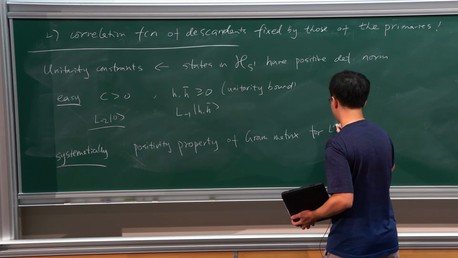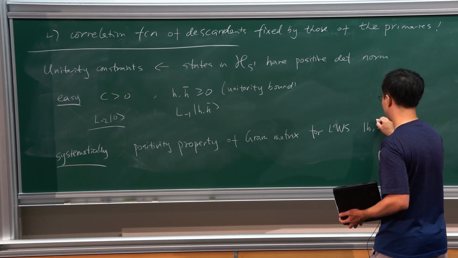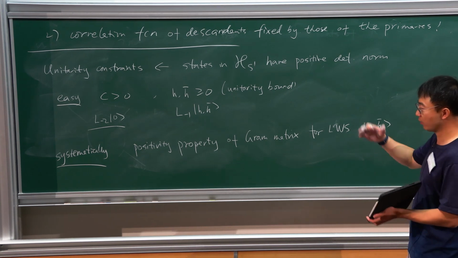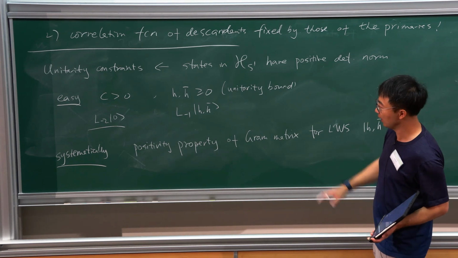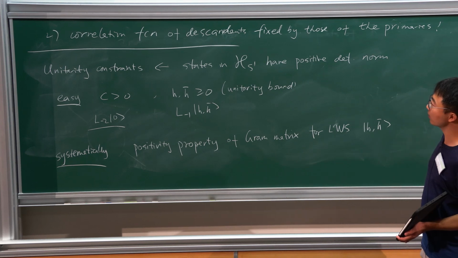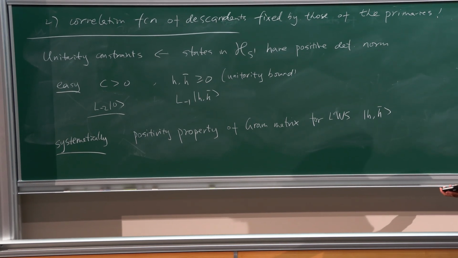So for a given lowest weight state, you construct the descendants of this state by hitting Virasoro generators on it, and you compute their inner products. This set of inner products gives you a Gram matrix. And the positivity property of this matrix is required by the unitarity condition. And from analyzing this positivity property, you deduce powerful consequences.